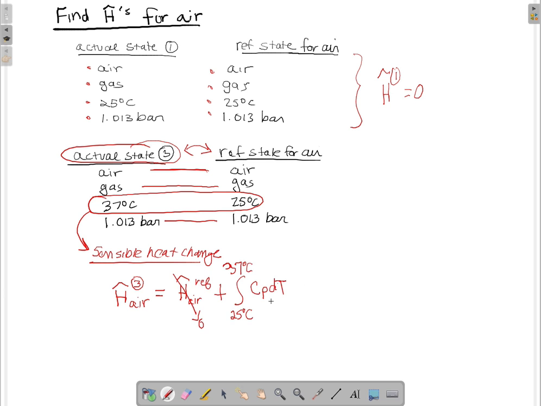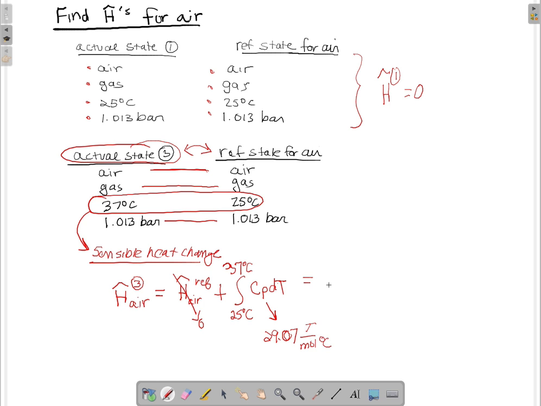We can look up in the table, E2, I believe, in the book, and we can find that the heat capacity of air is 29.07 joules per mole degree C. And we're going to assume that it doesn't change much going from 25 degrees to 37 degrees. This is a pretty good assumption.